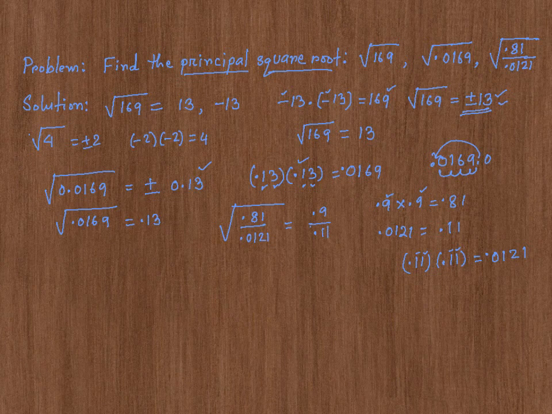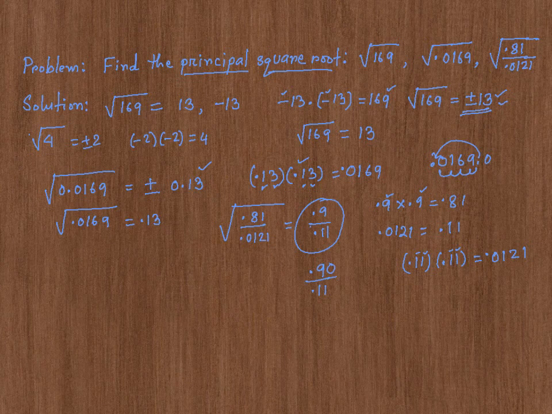Also, one more simplification you can do if you'd like. This is the principal square root. We are not considering the negative value, just the positive value. One more simplification you can make is that 0.9 over 0.11 is the same as 0.90 over 0.11.